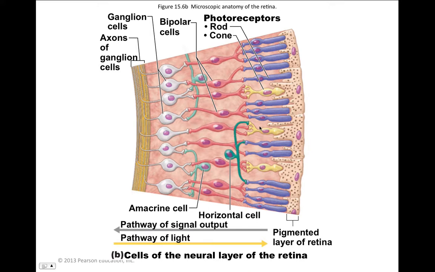So the only cells here that will actually interpret vision and interpret light waves are going to be those rods and those cones. So light passes by the cell bodies that cannot detect the wavelengths, and it will go just to the cells that can, and then you send a signal back the other way towards the optic disc where the blind spot is, and the optic nerve exits the eyeball.